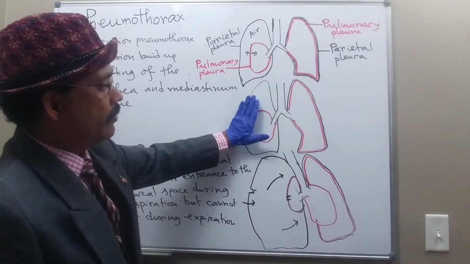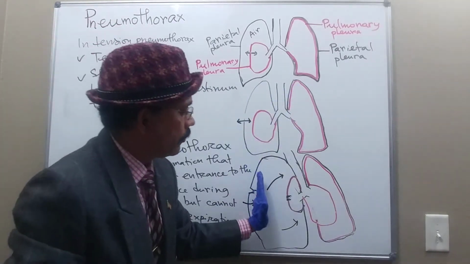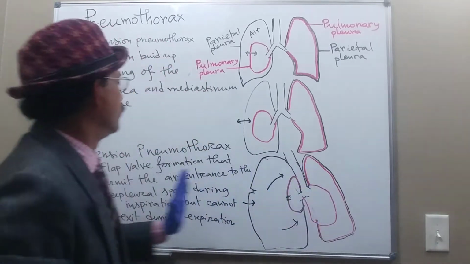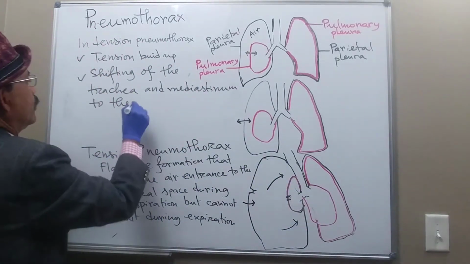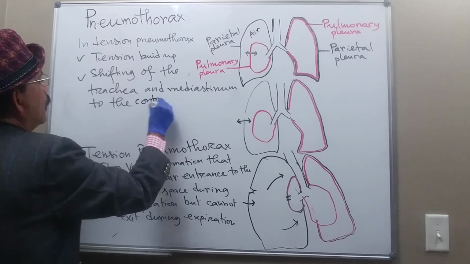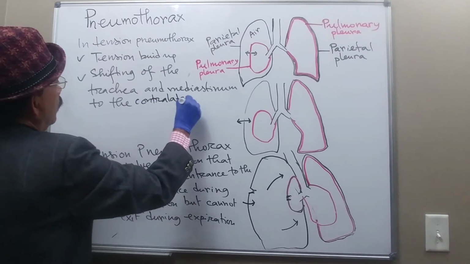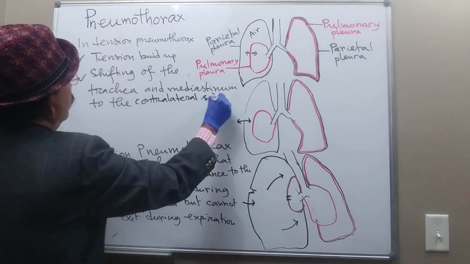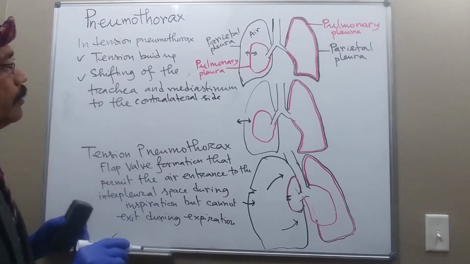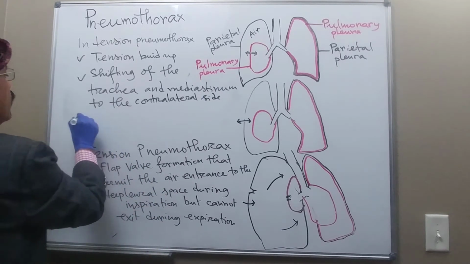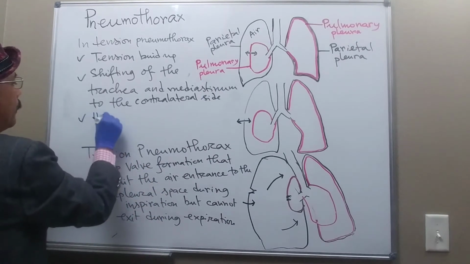This side has damage, so this is the healthy side, so it will go to the other side, the contralateral side. So that is tension pneumothorax. There will be hemodynamic instability.